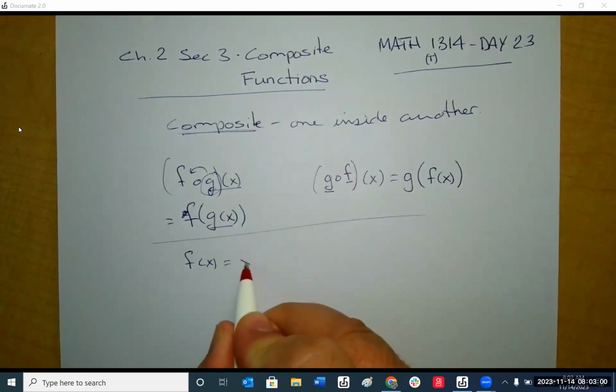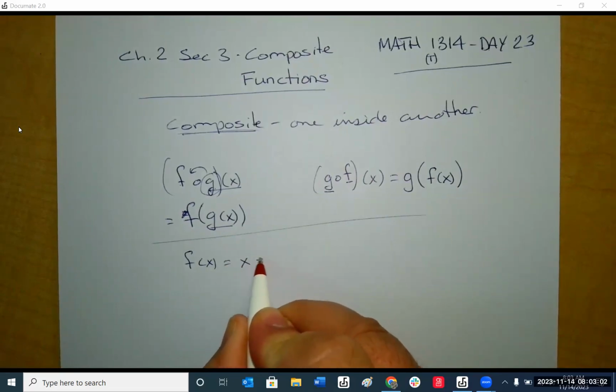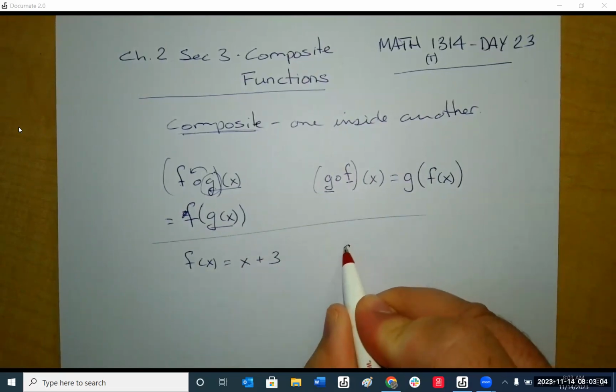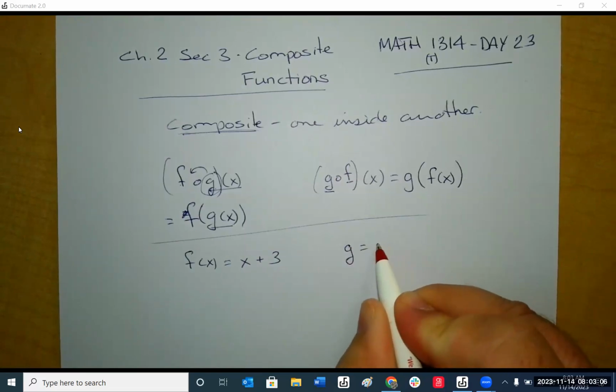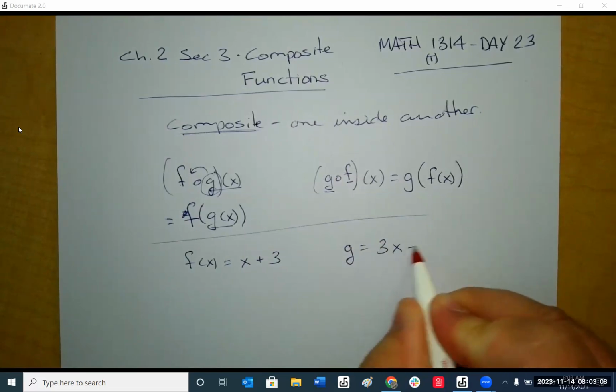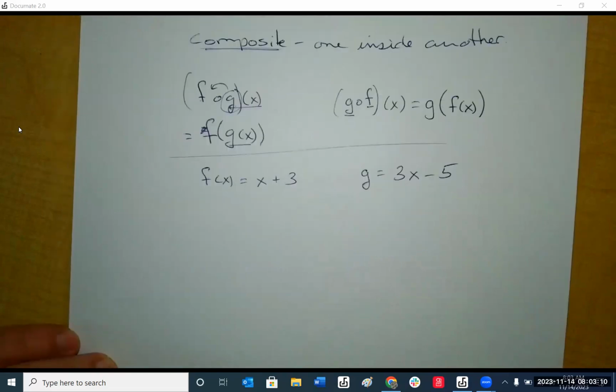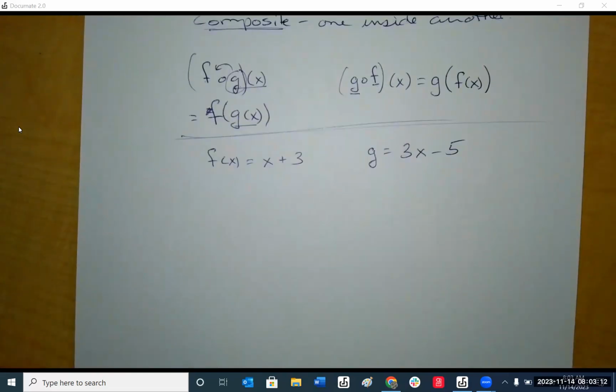For example, let's say we have these two functions here.